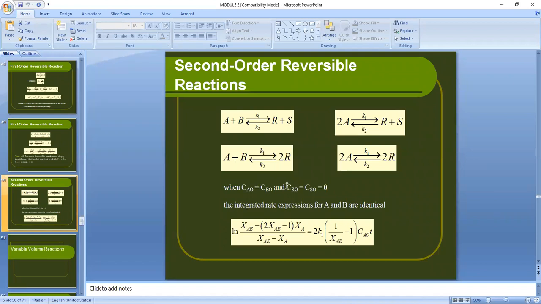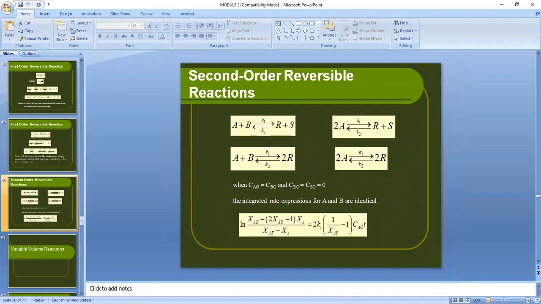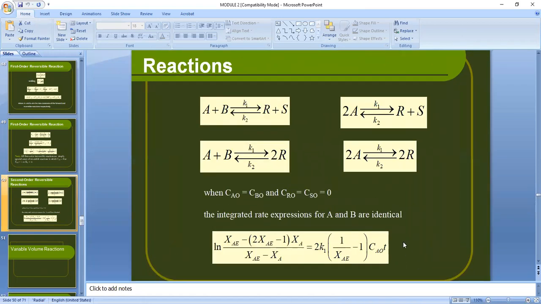In here, the formula that you are seeing, I'd like to emphasize, as pre-derived already, is applicable only if CaO is equal to CbO and there are no amounts of products initially present. And in the case of the left side here, your CaO and CbO, initial concentrations of the two, are equal.